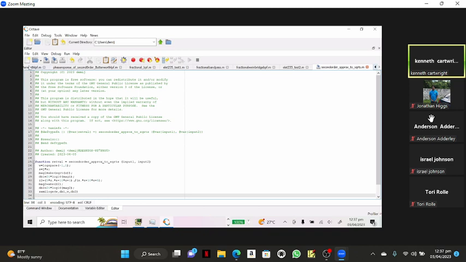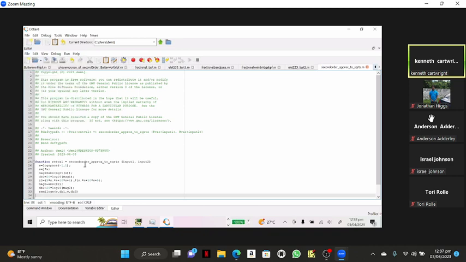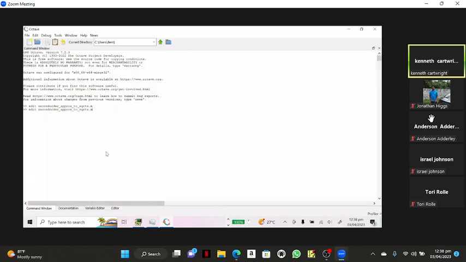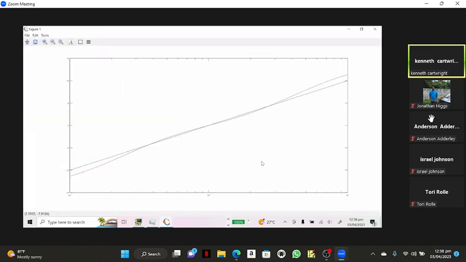Okay, and now let me save that and see if that works. So I remove the M. I remove the edit. I call the file. And there it is.